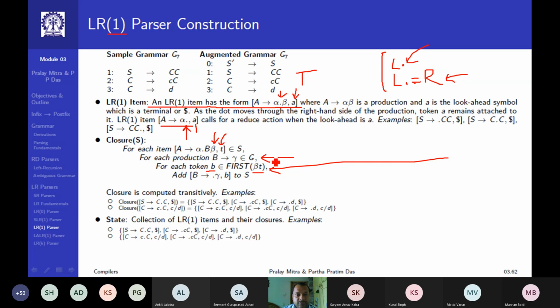So what you see here is that it is not all the production rules where B derives gamma that will be part of the item as per the closure.